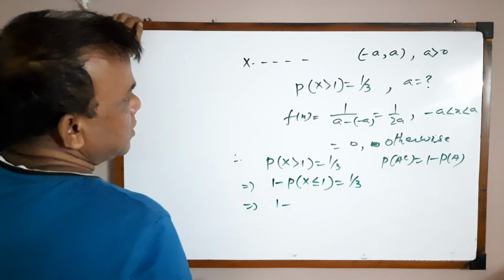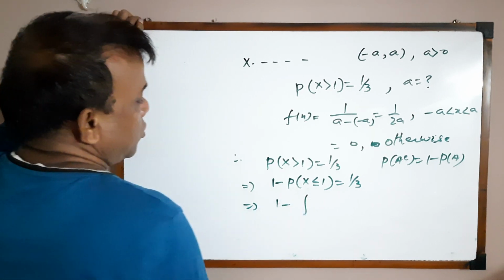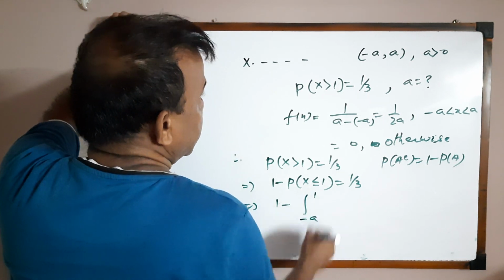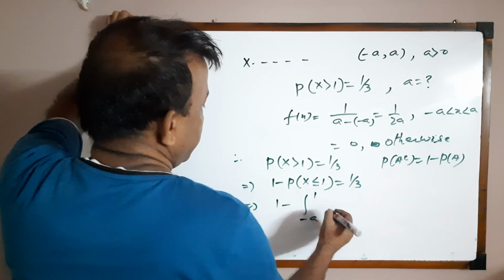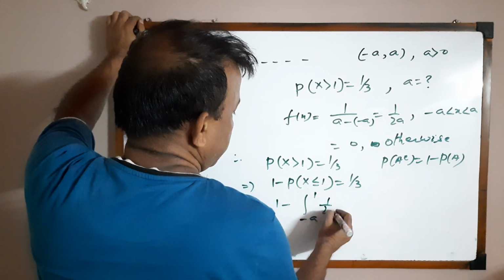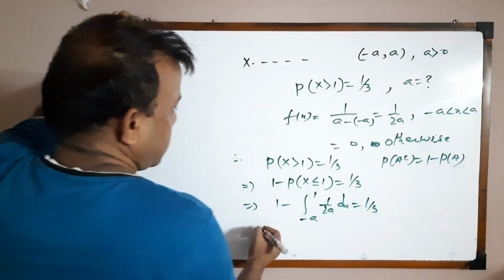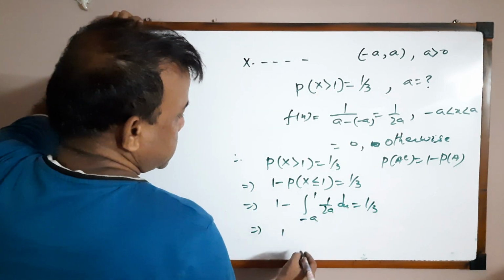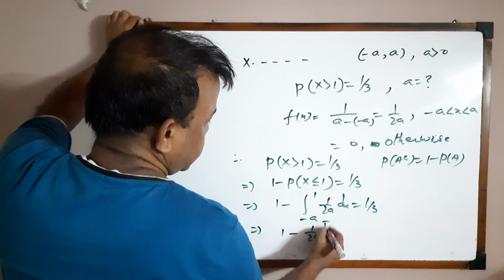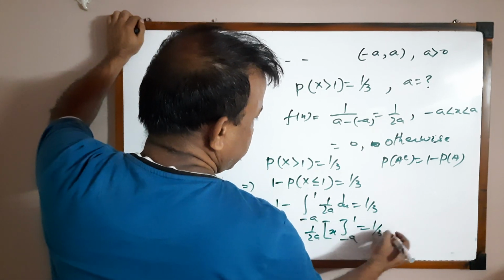So 1 minus the integration from minus a to 1 of f(x), which means 1 by 2a dx, equal to 1/3. 1 minus 1 by 2a times the integration of dx, which is x from minus a to 1, equals 1/3.